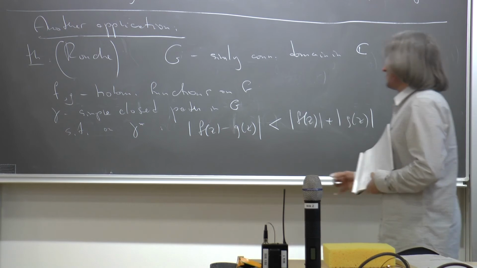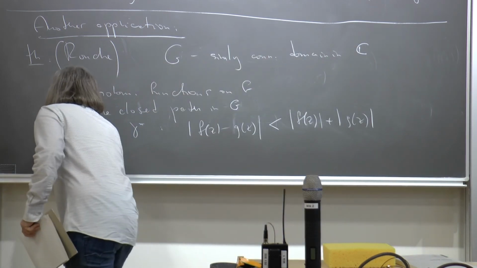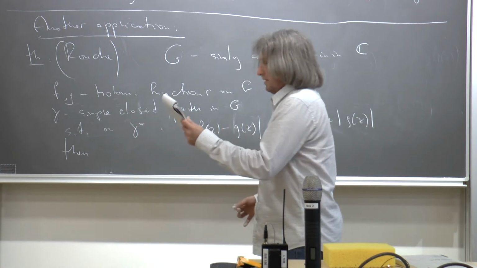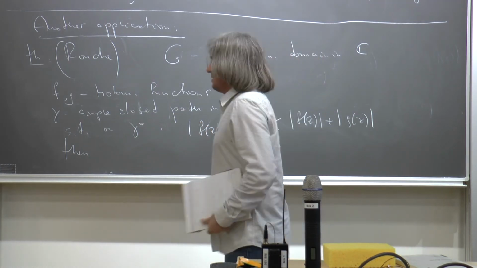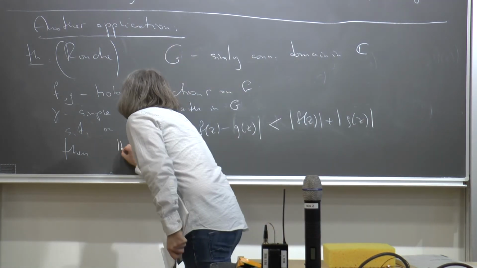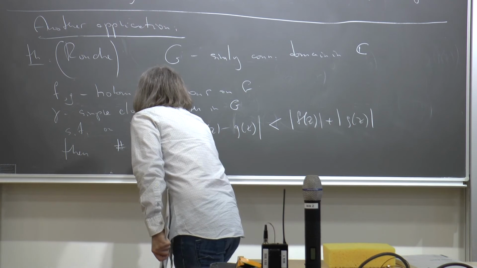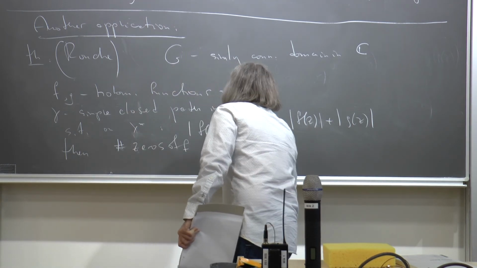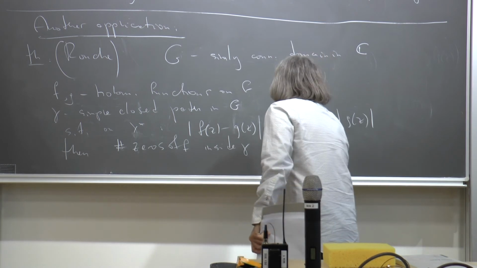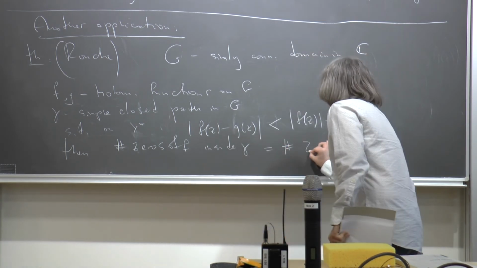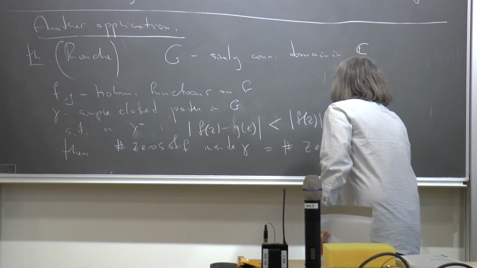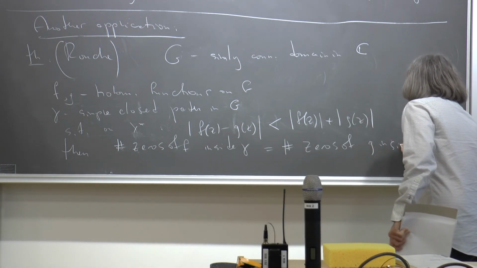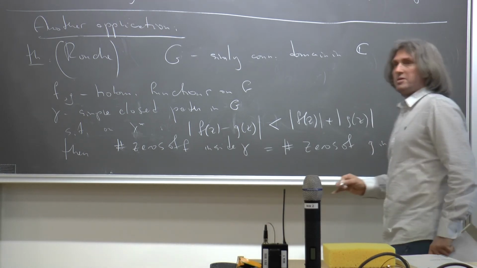Then, and again I need a picture, the number of zeros of f inside gamma is equal to the number of zeros of g inside gamma with multiplicities.